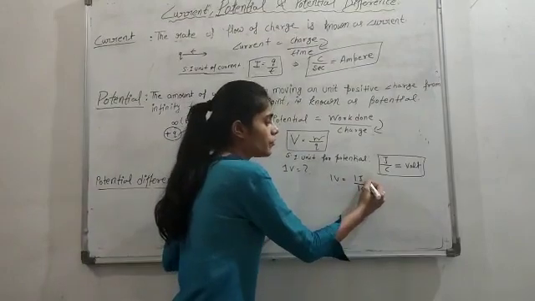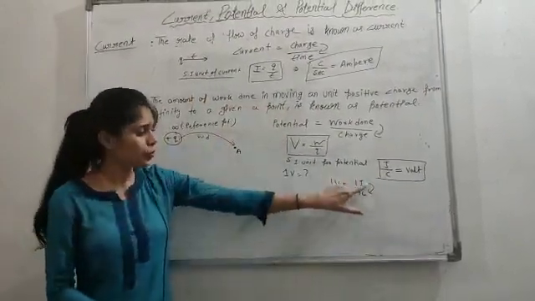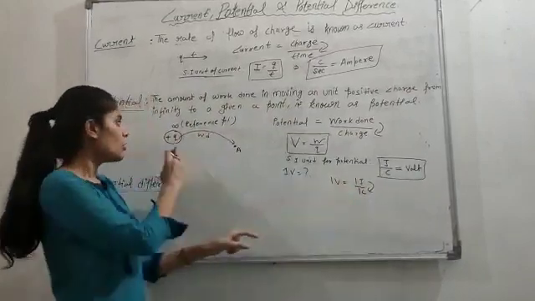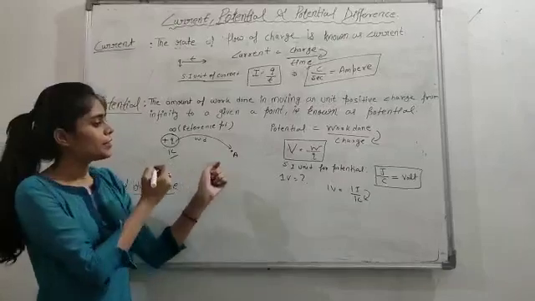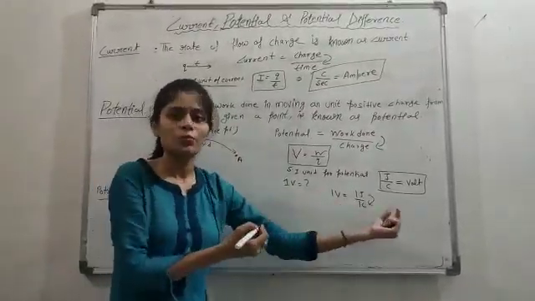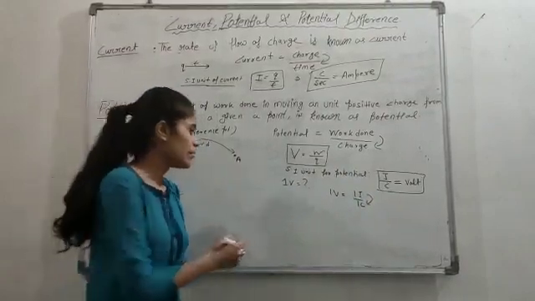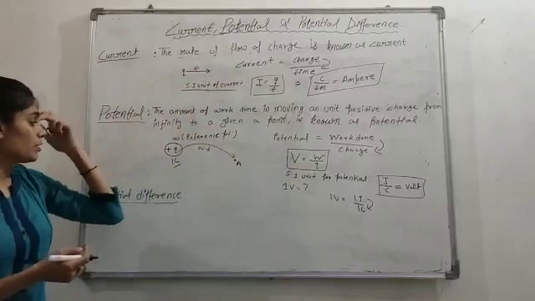That means when 1 joule of work is done on 1 coulomb of charge, the potential is 1 volt. So this is all about potential and current.